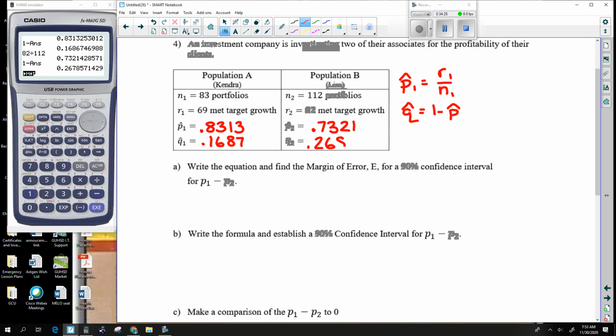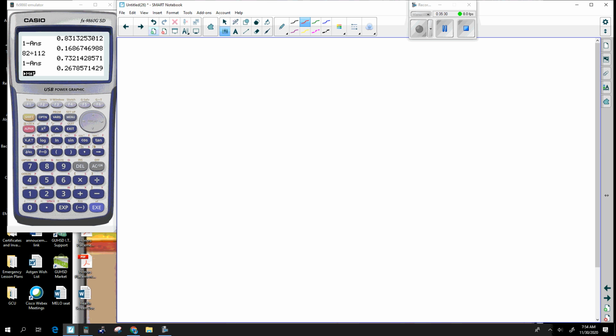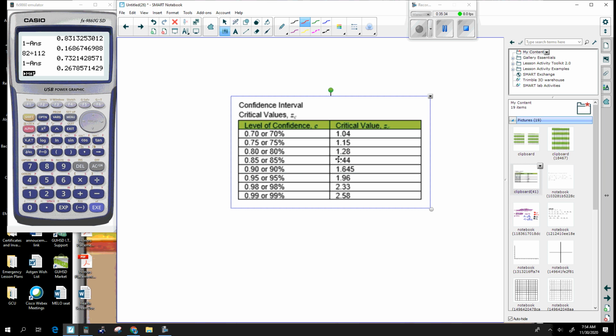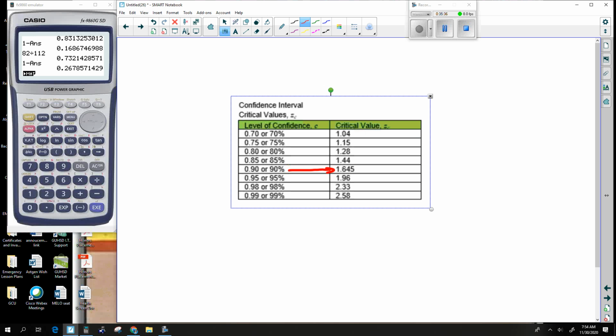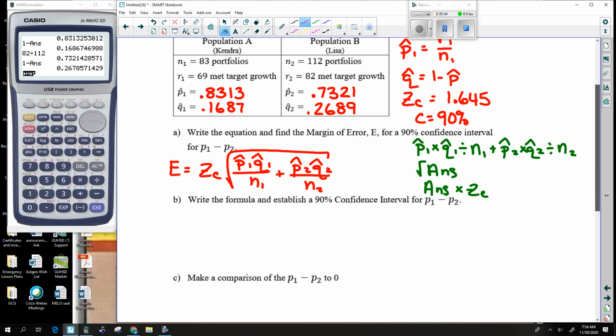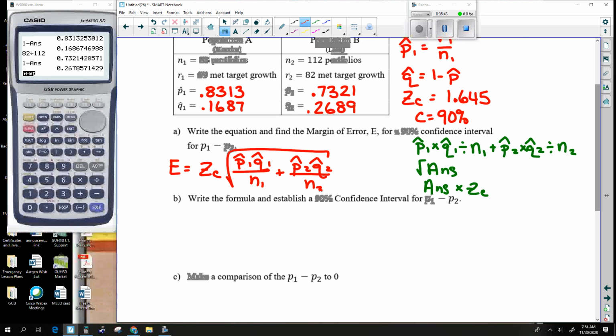which reminds me I have to look up a ZC. So the ZC, again, is built upon the confidence; this one has a confidence of 90%. So again, take a look at the Z table for that. This one has a confidence of 90%, so the ZC is going to be 1.645. Okay, so we're ready to plug and chug.